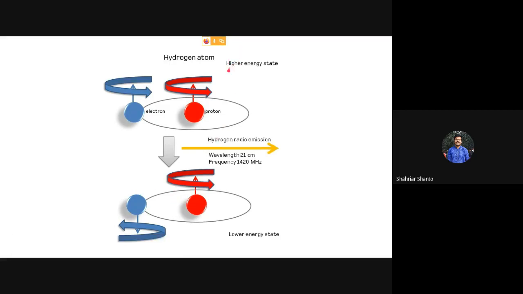So when the hydrogen spin is reversed, as to say, it goes from a higher energy state to a lower energy state, it emits radio waves, and it is exactly 1420 megahertz. And again, if the hydrogen atom receives a signal with exactly the right energy and frequency, then it will go from the lower energy state to a higher energy state.